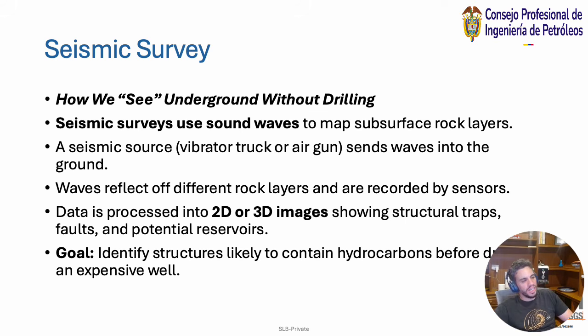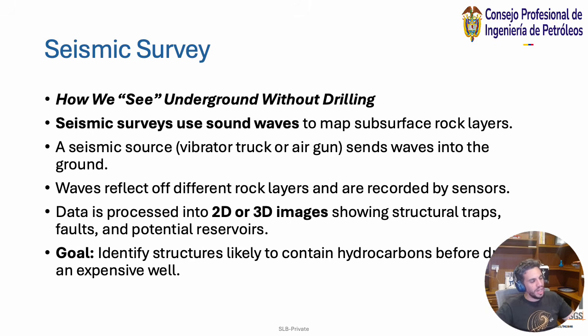Based on that, they understand properties of the rock from the top and a bit under, because the waves respond or reflect differently on different rock layers, and they're captured by these sensors or receivers. With that, the geologists and geophysicists are able to start creating this geological model.